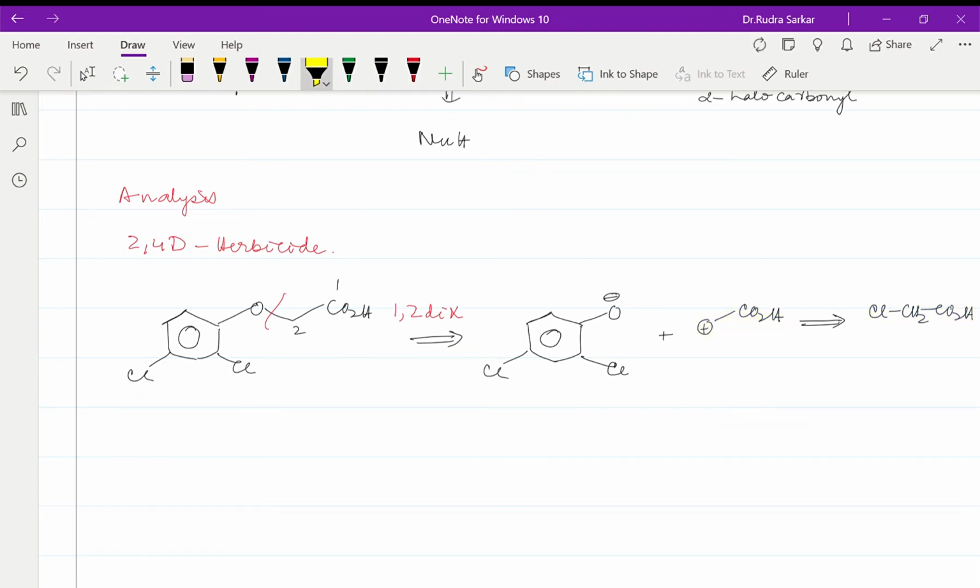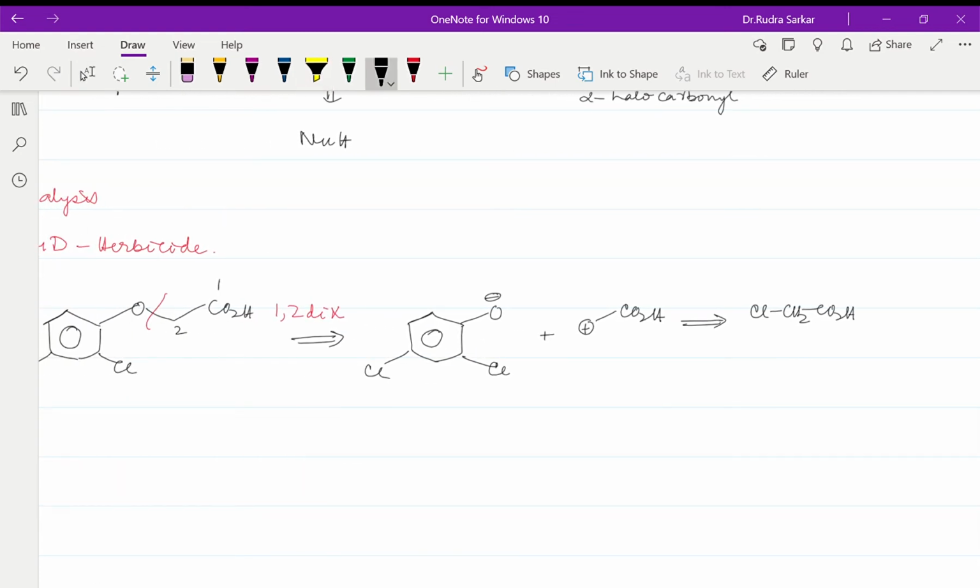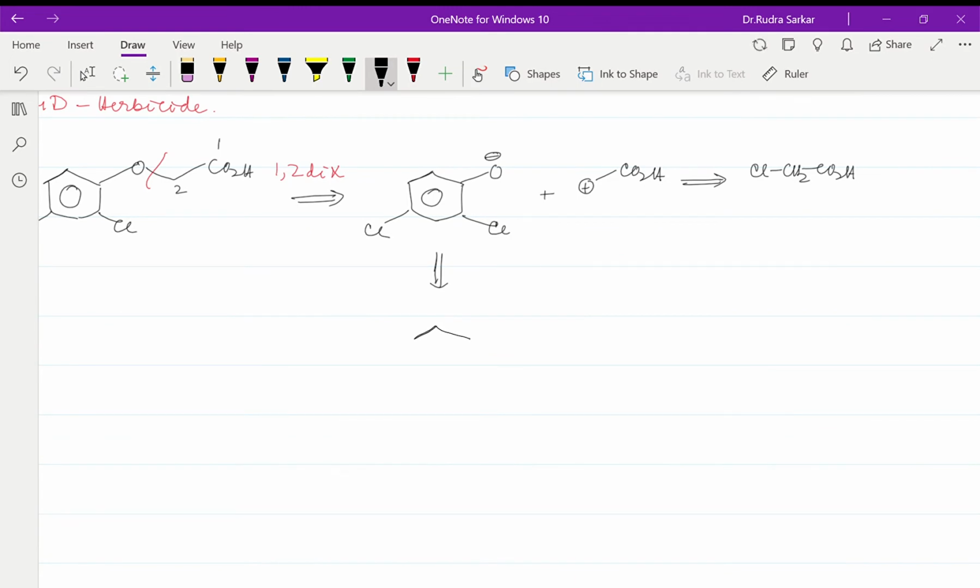that is Hell-Volhard-Zelinsky reaction, okay, from acetic acid. And the reagent for this type of a phenoxide obviously will be this, which can be further disconnected.